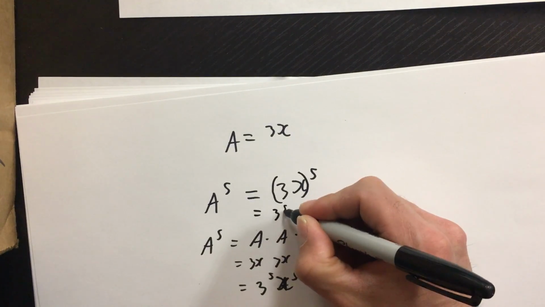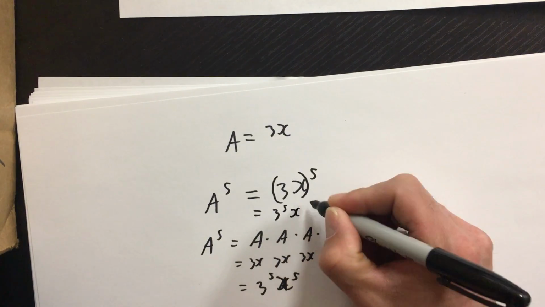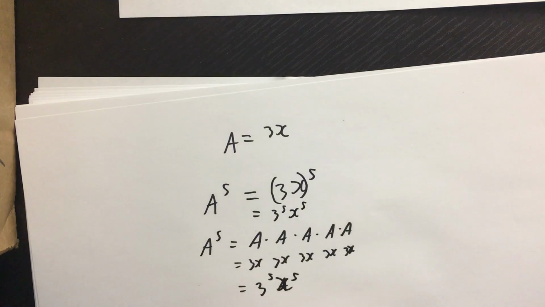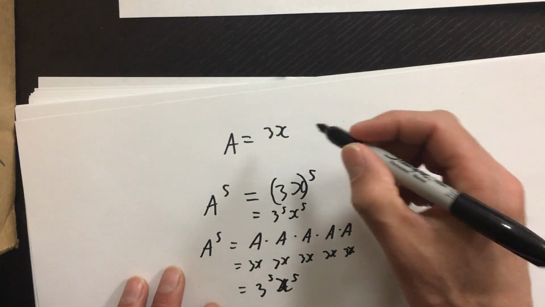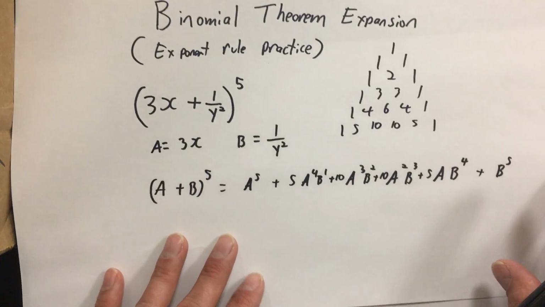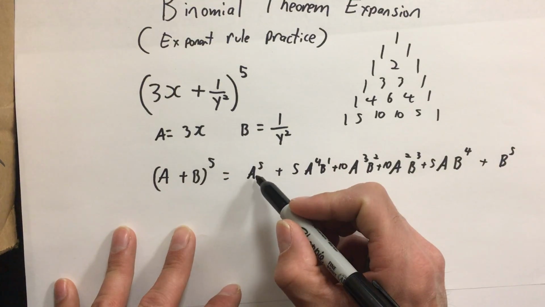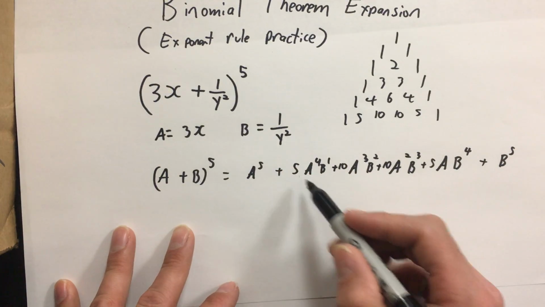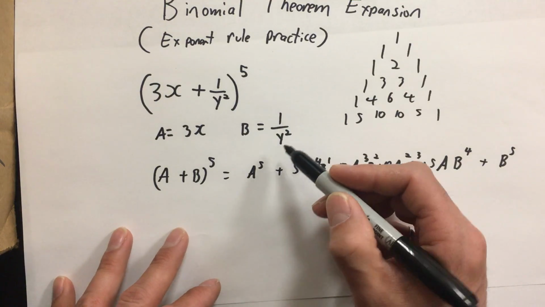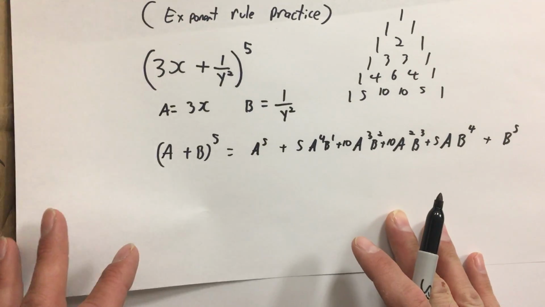That's going to give us the fifth power of 3 times the fifth power of x. Okay, so we're going to make that substitution here. I'm going to replace every a with 3x and every b with 1 over y squared, and I'm going to use brackets to make sure we get this right.